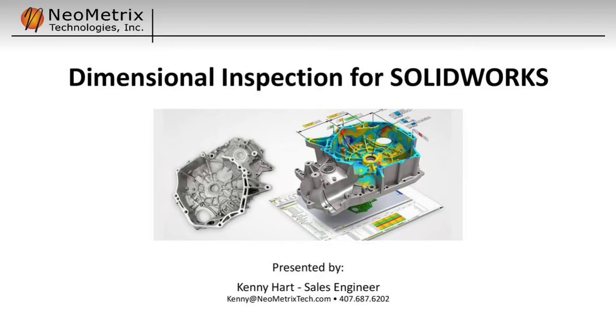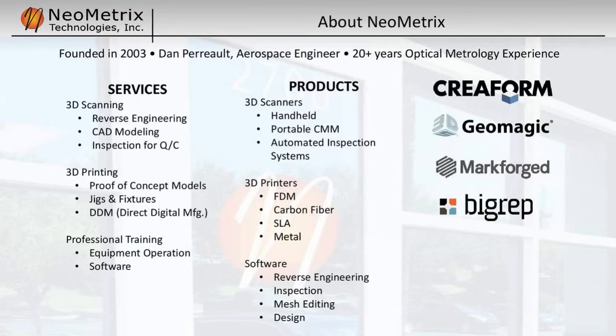All right. So a real quick background. I like to kick off every one of these with it, just in case we have anybody new. Our company, Geomagic Technologies, was founded in 2003 by our president and CEO, Dan Perot, who has a background in aerospace, an aerospace engineer by education.